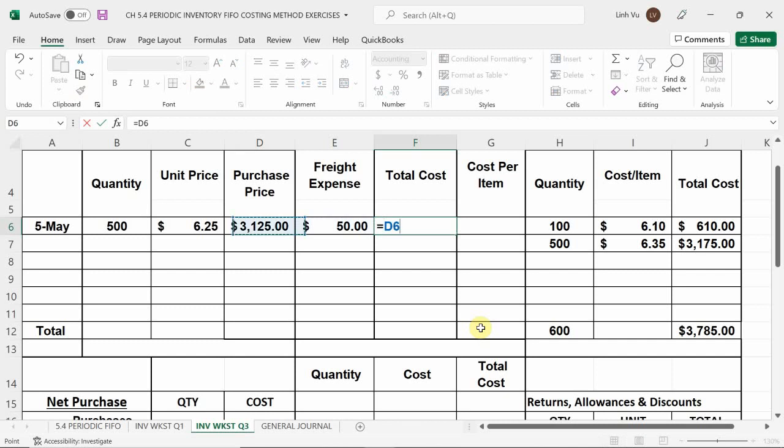Plus 50 gives me a total cost of $3,175. Good. So in this case, because it's a new batch of inventory, we must calculate our total cost per item. So in this case, $6.35. Okay.